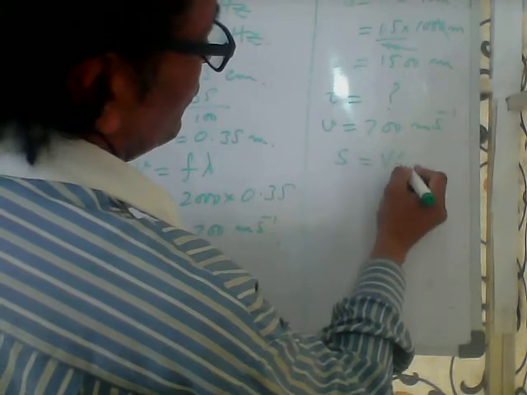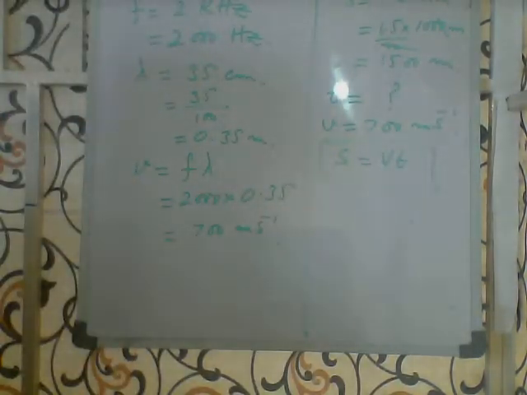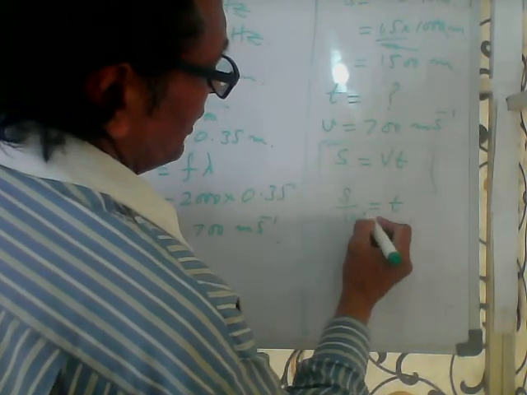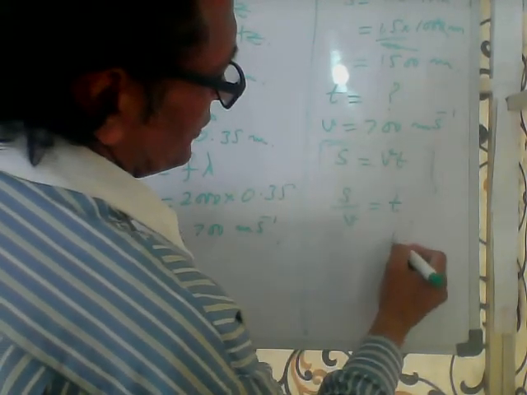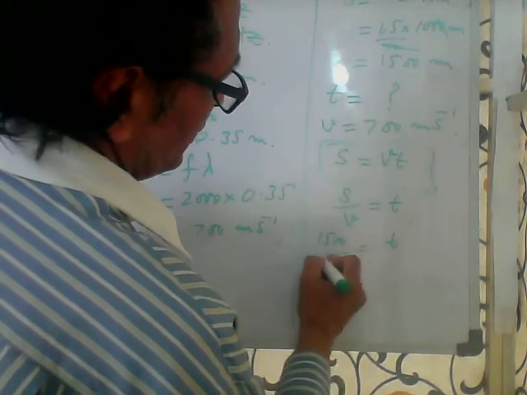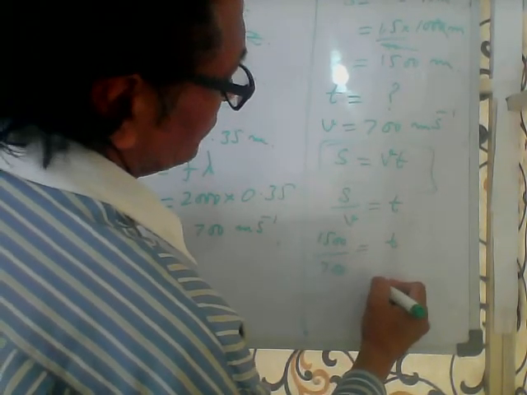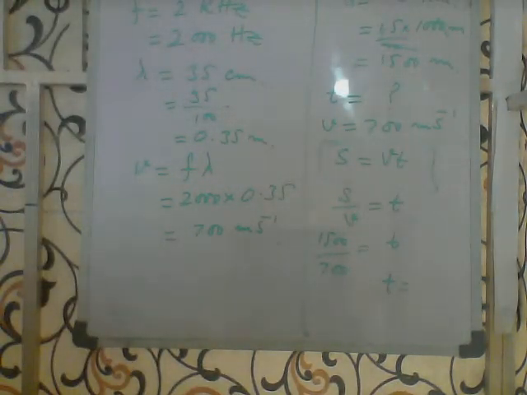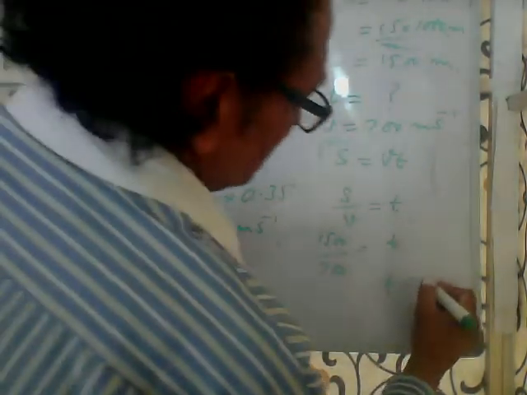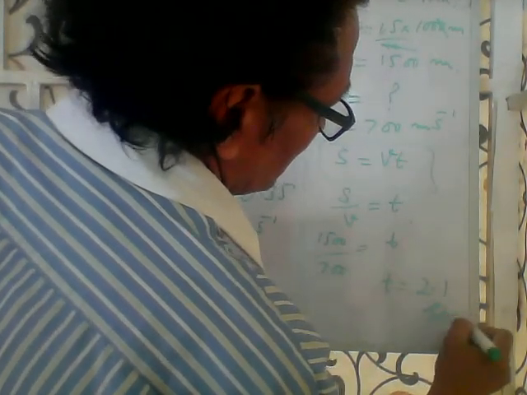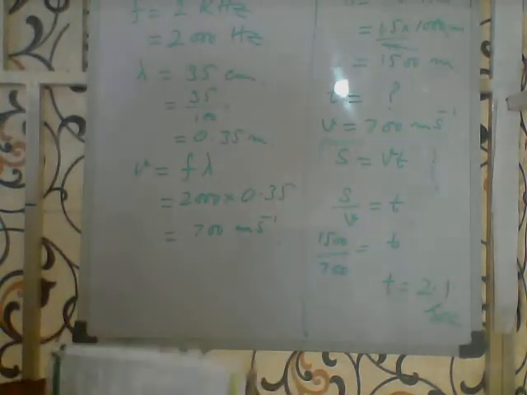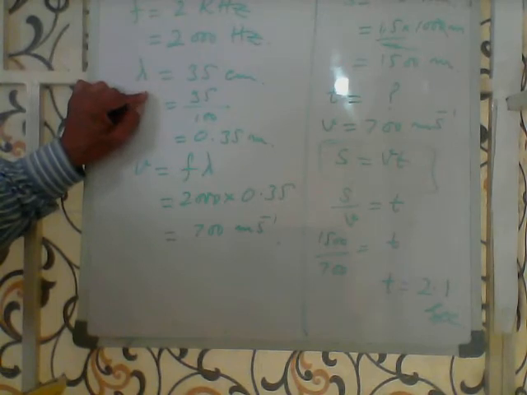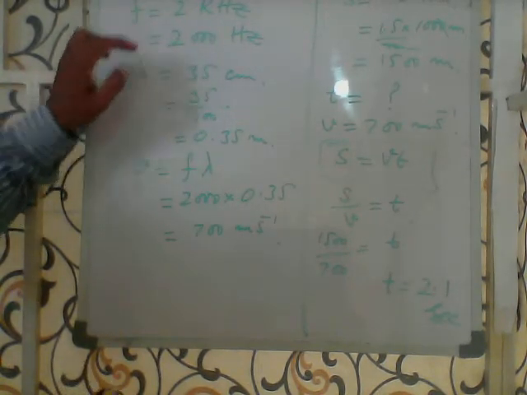So s is equal to vt is the formula you will use. Here we will get t is equal to s divided by v. And what is s? 1500 divided by v which is 700. So the time comes 2.1 seconds.